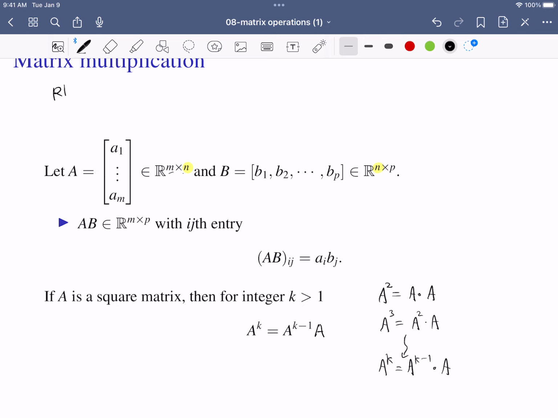So remark: AB is well defined only if the column number of A equals the row number of B.